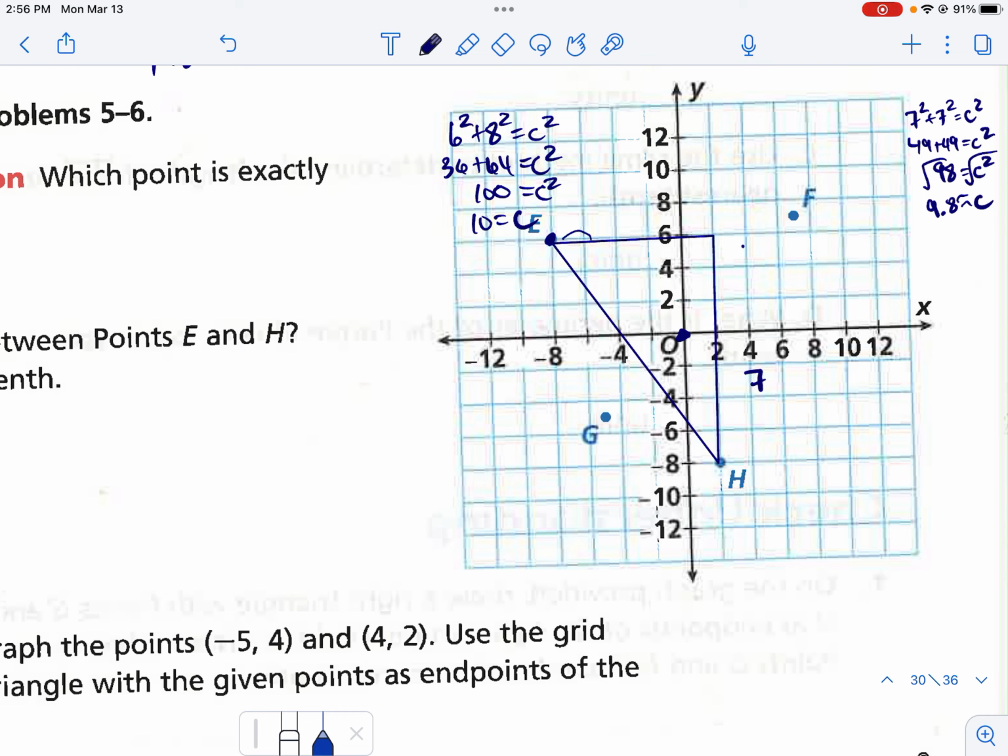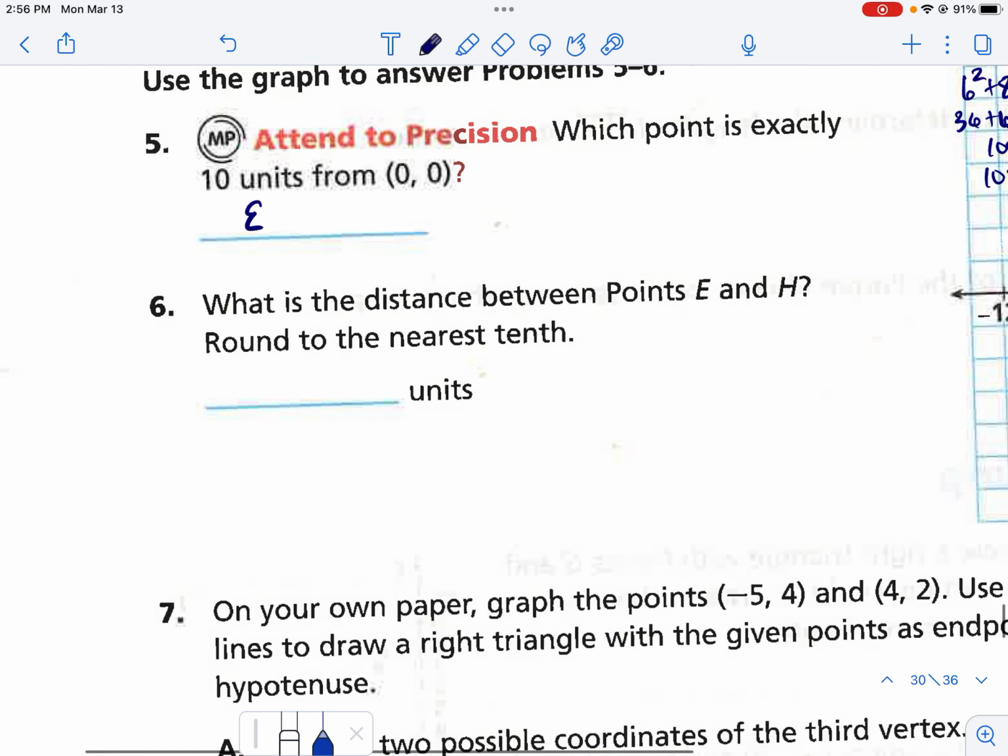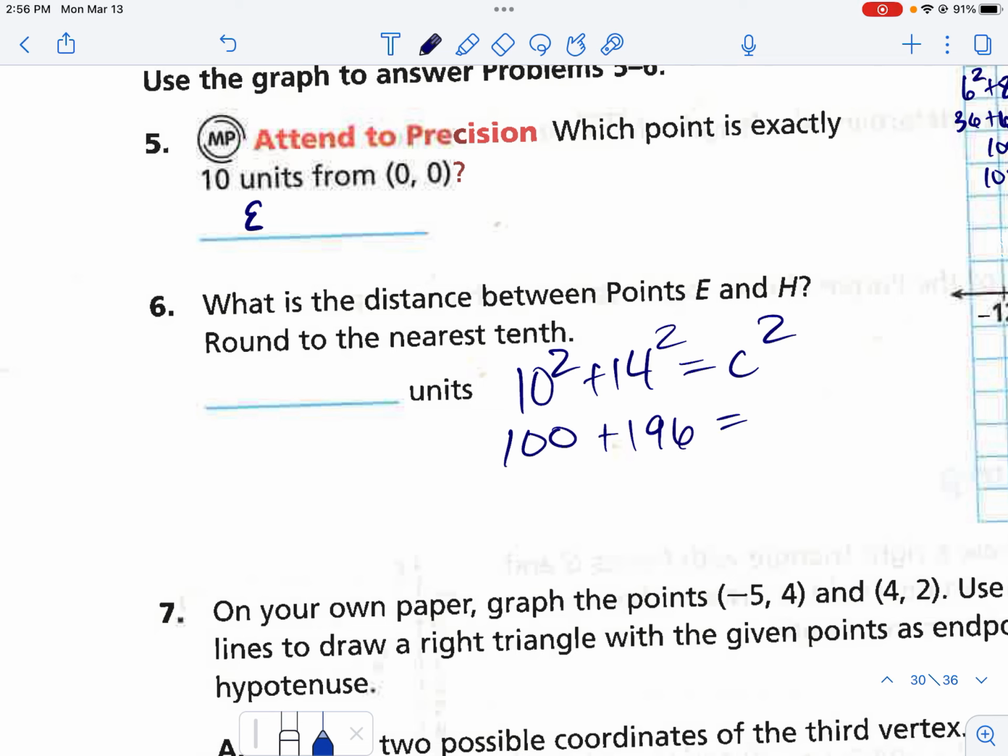We go over 2, 4, 6, 8, 10. So that's 10 across. 2, 4, 6, 8, 10, 12, 14. So this is 14. So I have 10 squared plus 14 squared equals c squared. 100 plus 196 equals c squared. So 296 equals c squared.